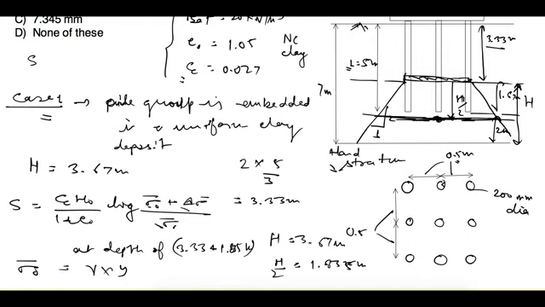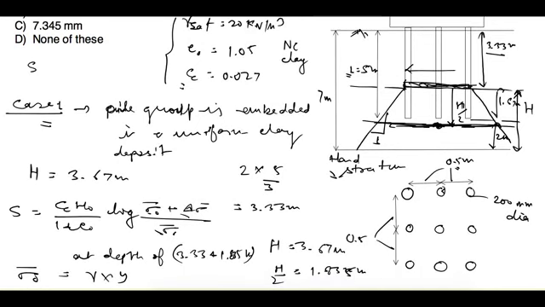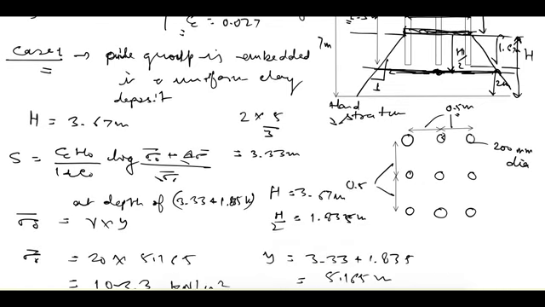So first we have to find out the area at this level. If this width is b, and because this is kept in a square shape, the perpendicular width here is also b, so the area is b square. And let's see what the area at this level is now.